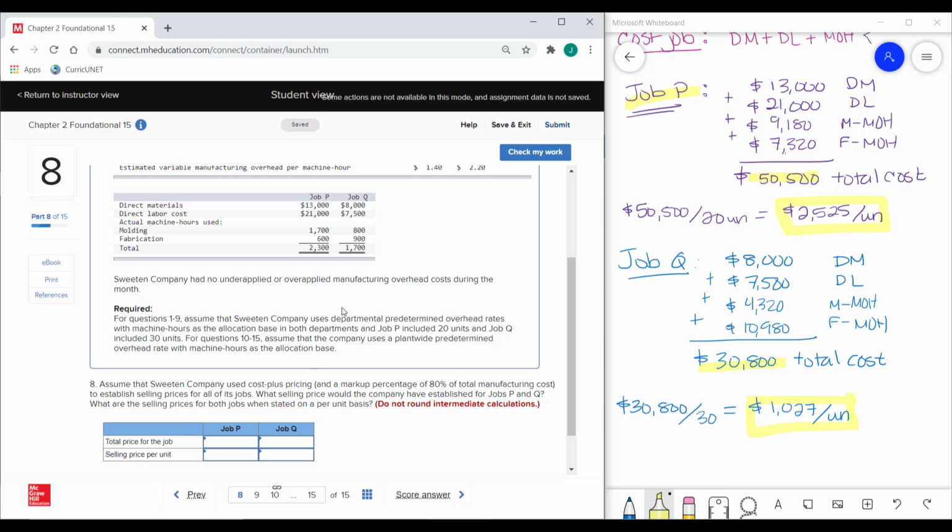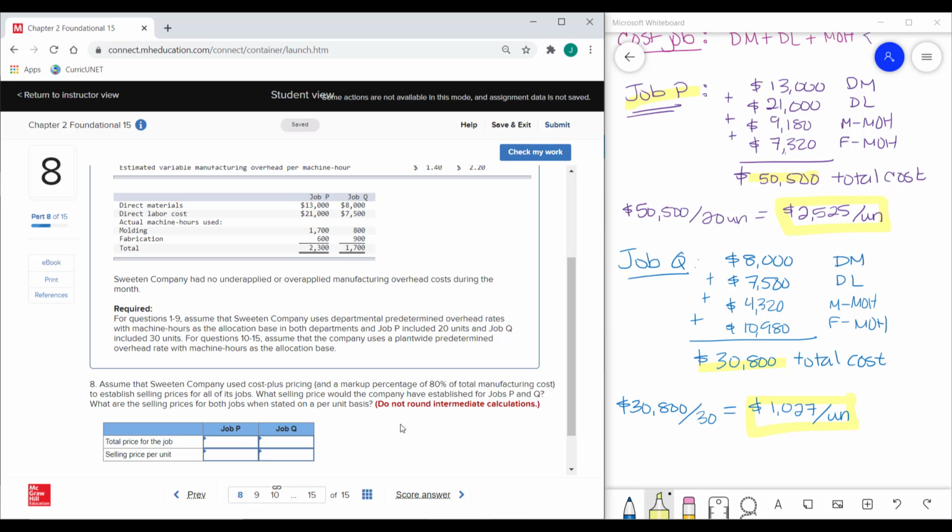Okay, so for both of these, we've found the cost of each job in total and per unit. So what we want to do is figure out how much we should be selling these jobs for in order to make the necessary profit. So the markup here is 80%. So what exactly does that mean? That means that we want to be selling these jobs for a price that reflects 100% of its cost plus 80% of its cost.